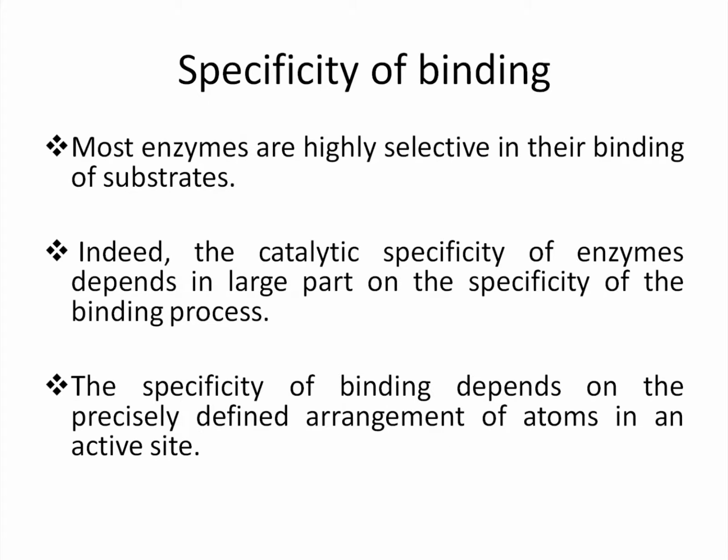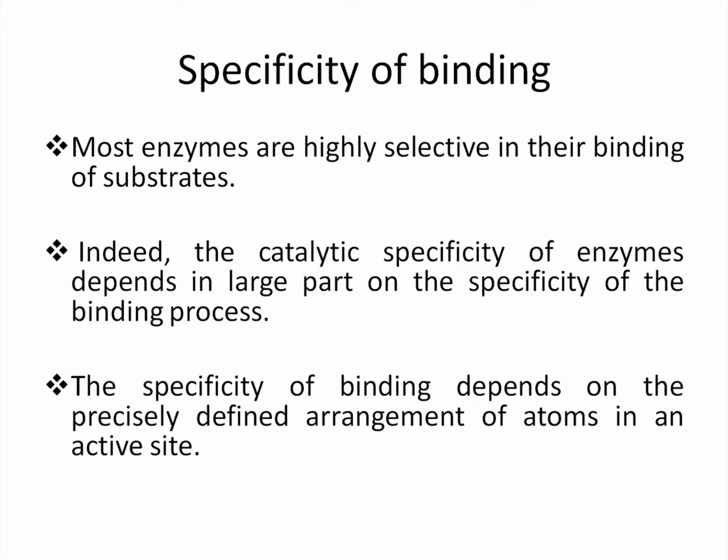Now, the specificity of binding. Enzymes are highly specific in nature. That is, an enzyme usually catalyzes a single chemical reaction or a set of closely related reactions. Most of the enzymes are highly selective in their binding of the substrates. Indeed, the catalytic specificity of enzymes depends in large part on the specificity of the binding process.